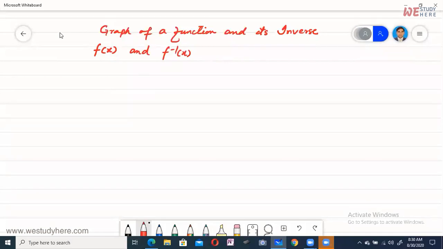are the reflection of each other in the line y is equal to x.